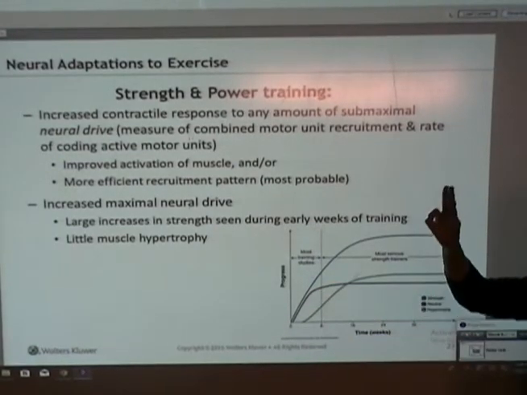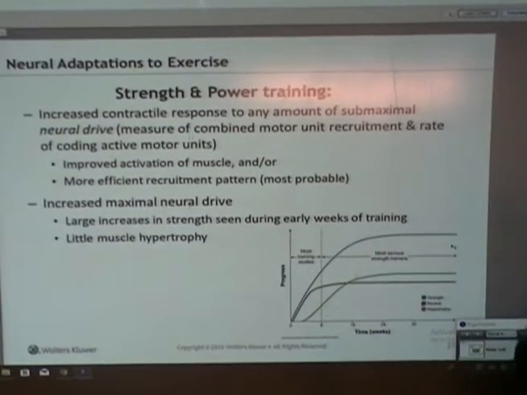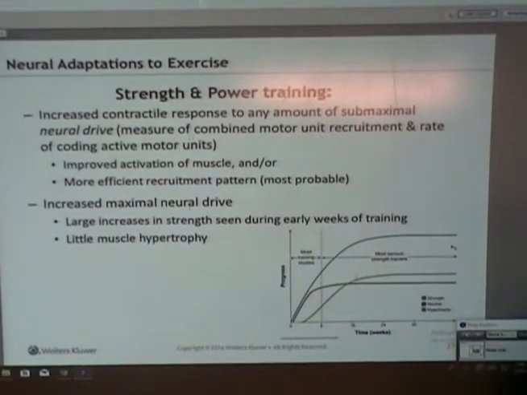Even if they've just done 3 training sessions in week 1, when you test them in week 2, they'll be stronger than they were in week 1.